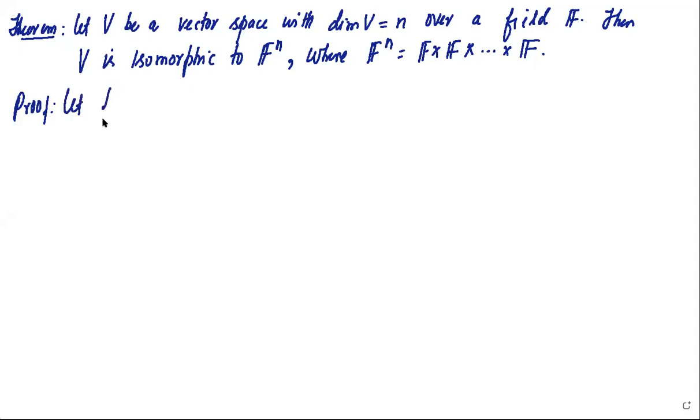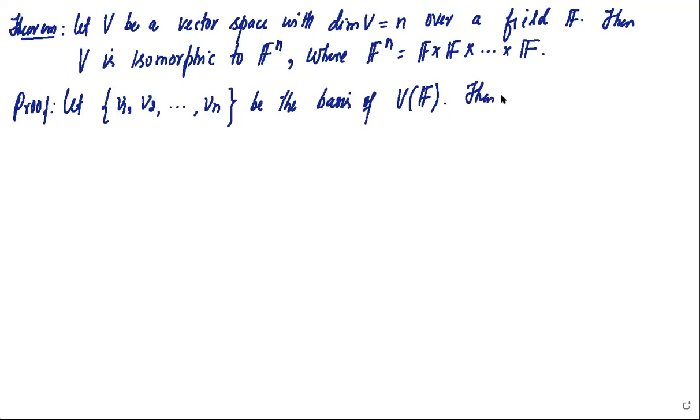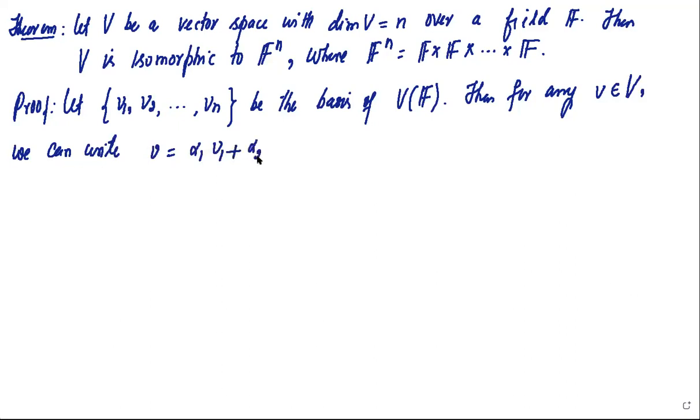Let V1, V2, ..., Vn be the basis of V over F. Then for any V belonging to V, we can write this V as alpha 1 V1 plus alpha 2 V2 plus so on plus alpha n Vn.